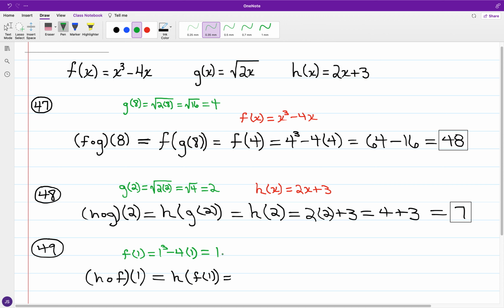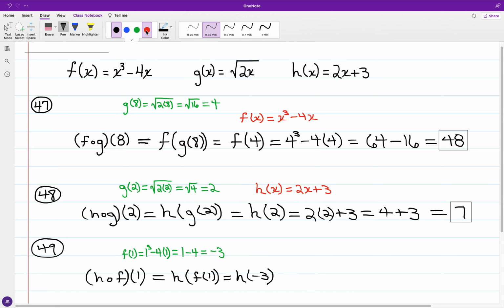And 1 cubed is 1. Negative 4 times 1 is negative 4. And we have 1 minus 4, and that is going to be negative 3. So for h of f of 1, this is going to be h of negative 3.